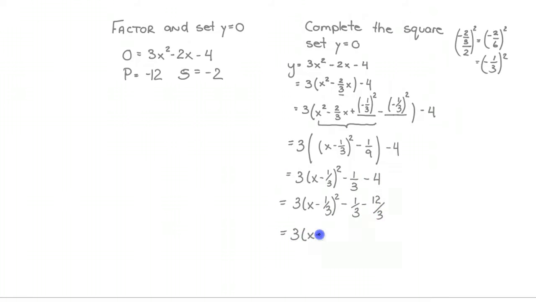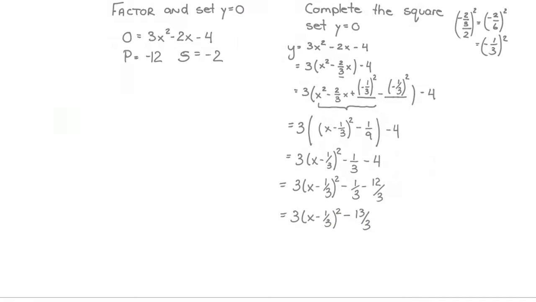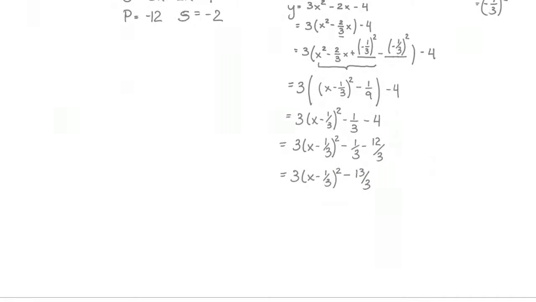So we get 3 times x minus 1 over 3 squared minus 13 over 3. Now I've written this in vertex form, which is great because if I set this to 0, the algebra is pretty straightforward to work out the values of x.